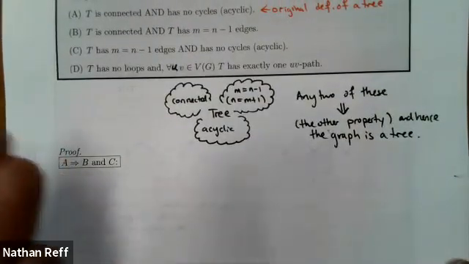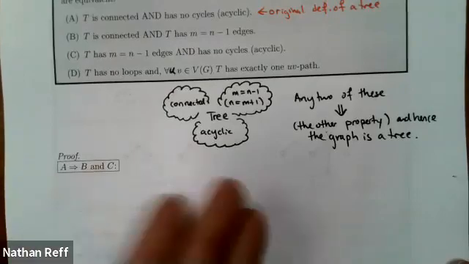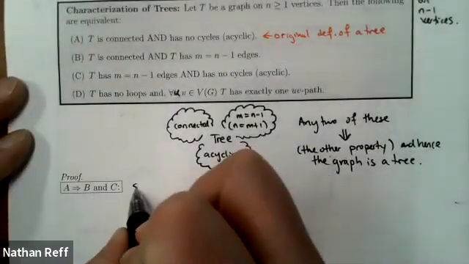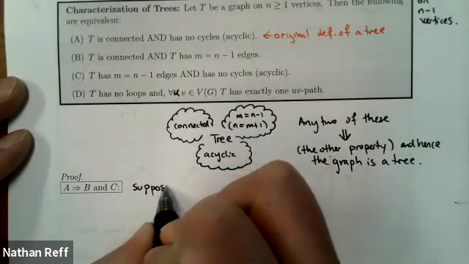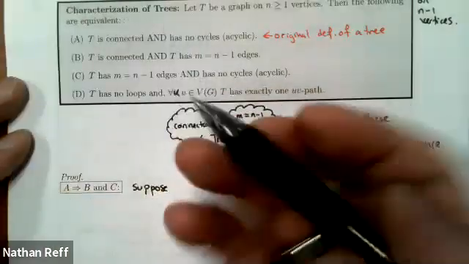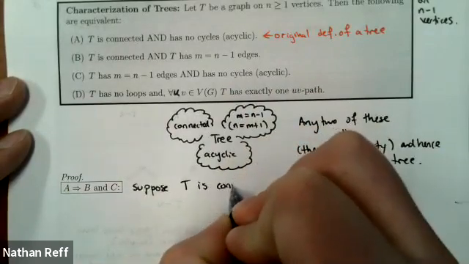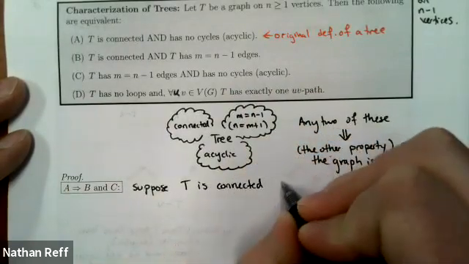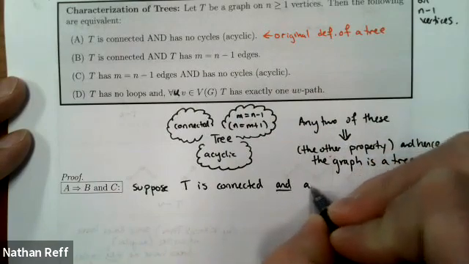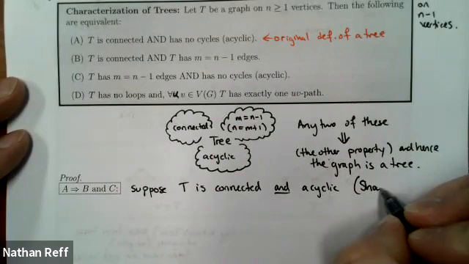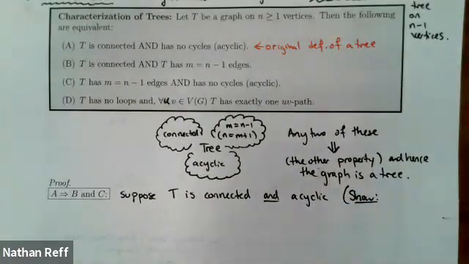So let's at least write out what our assumptions are and what we are showing. Okay. So suppose, A is saying you're connected and acyclic, right? So suppose T is connected and acyclic, no cycles. And so what are we showing?